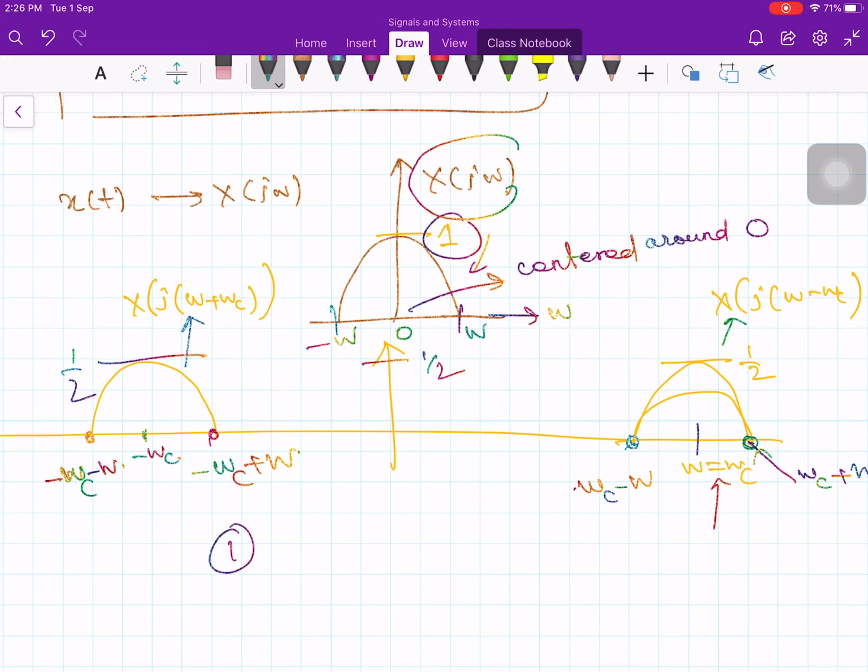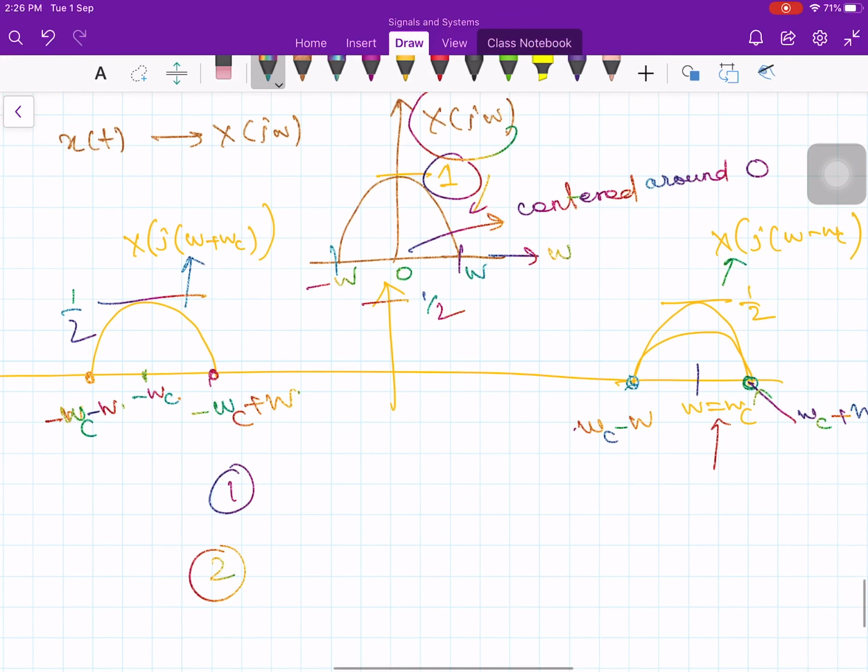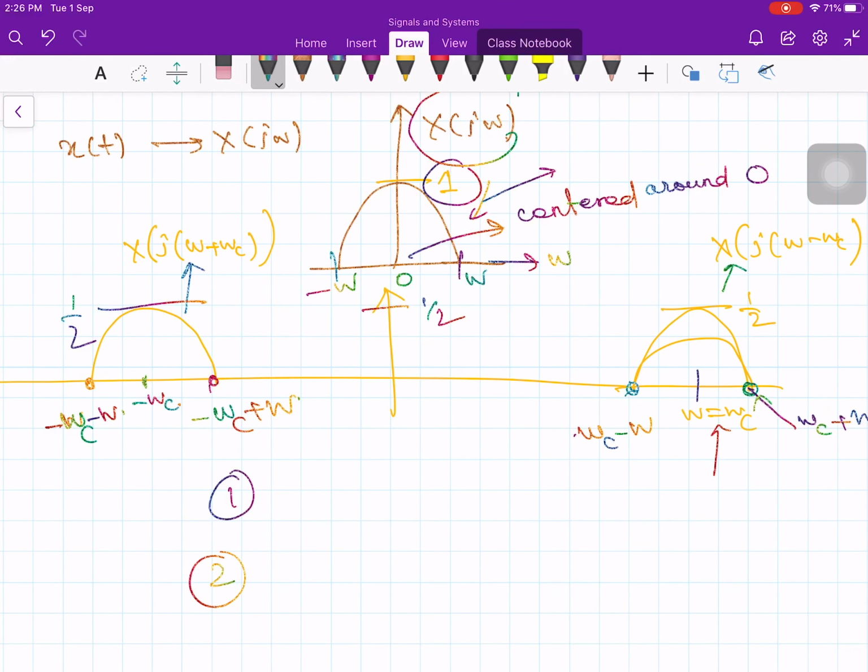And one more point is that the same communication channel can be more effectively used by carrying several items of information. For example, this is the spectrum of, let's say, mic 1. You want to transmit the audio signal from mic 1.